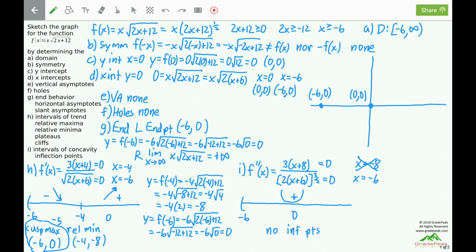It's only a half cusp because it's a left endpoint and we'll have no graph to the left of it, only to the right of it. So it'll have a half cusp shape. A cusp max normally looks something like this, but it will only have the right portion of that. It has a vertical tangent line happening there, so it's straight up when it comes off of it at first. So I have a shape something like that.